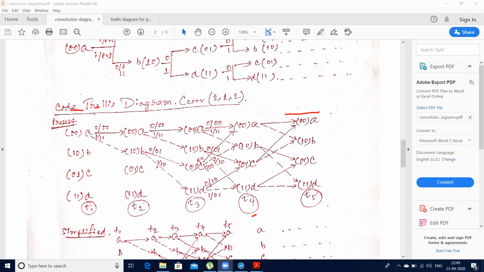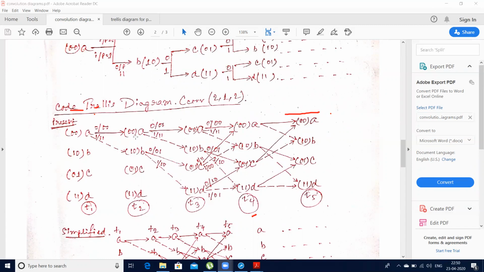The bold line arrow is for the 0 input, and when I'm giving 1 as the input, A will be transferred to the next state B. I hope you can understand that A is transmitted to A again when the input is 0, and A is transmitted to B when the input is 1.